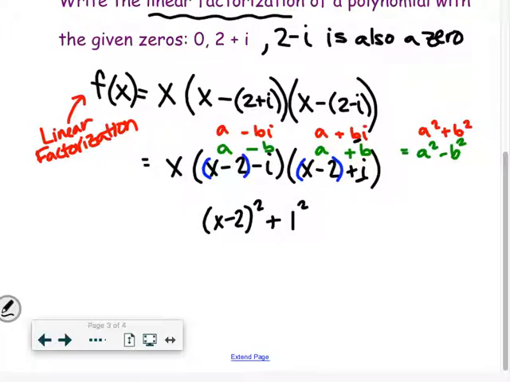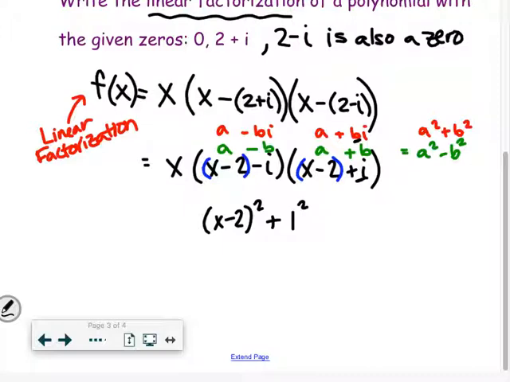If you do the green version, it's going to be x minus 2 quantity squared minus i squared, which was minus i squared is minus negative 1, which will turn into plus 1. So we're going to get the same answer. Okay, so you choose which one you like.